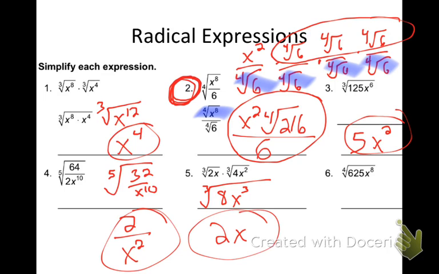Question, Phil? Where you at? I get what you get, 8x cubed, but I don't know how you got to 2x. Okay. The cube root of 8. Now remember, cube roots, square roots, all that means what times itself gets to that number.